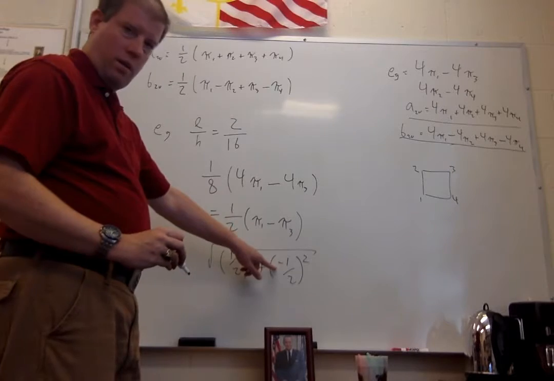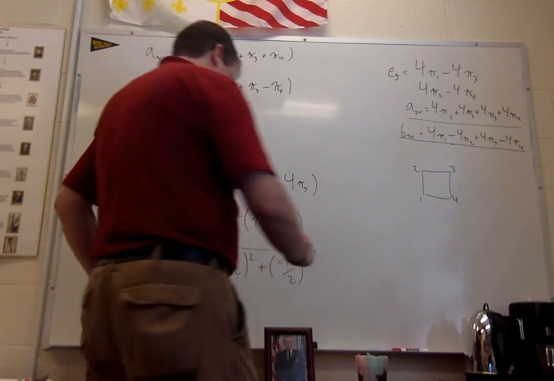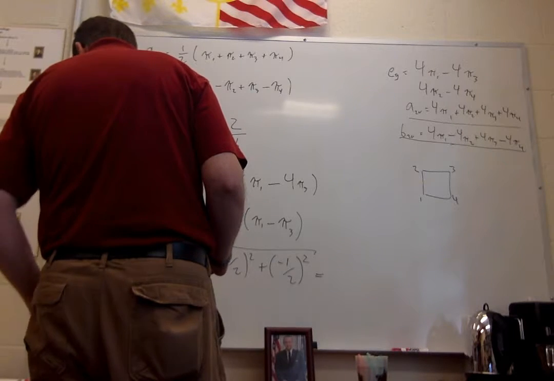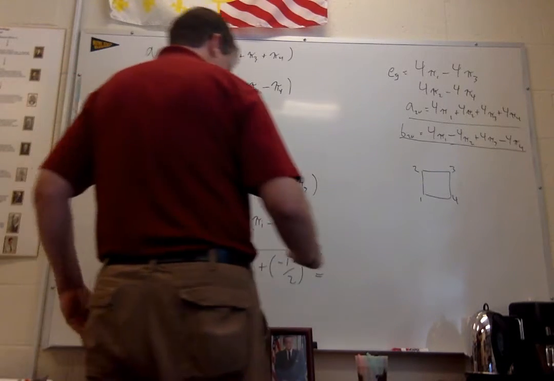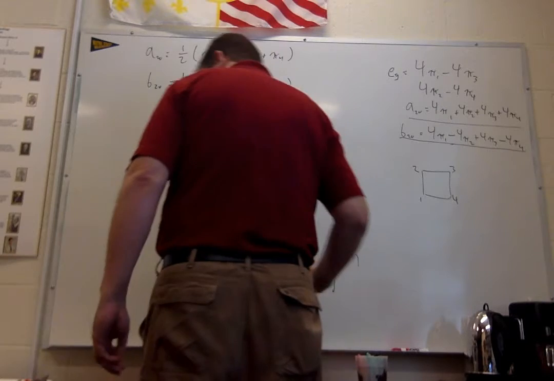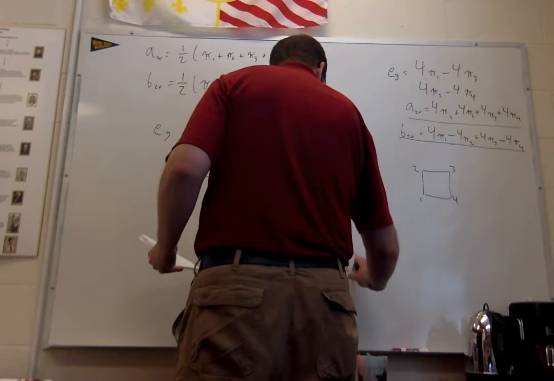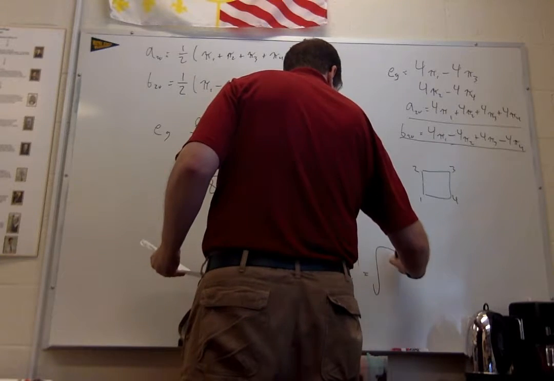Negative sign here, negative sign here. What do we get? We get the square root of 2/4, which is the square root of 1/2.